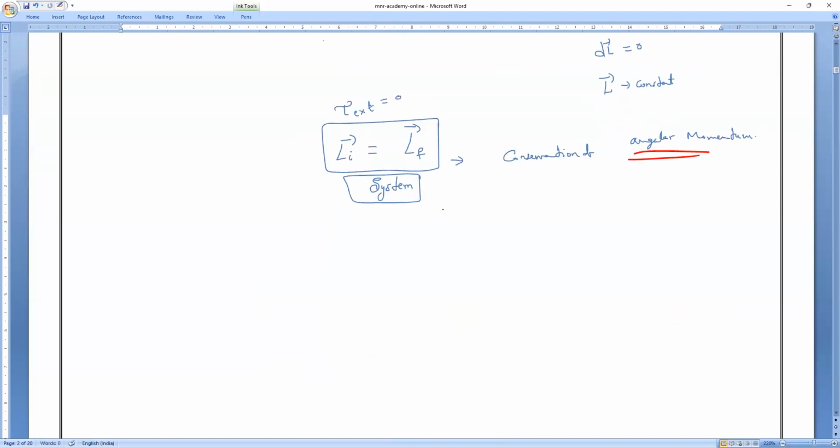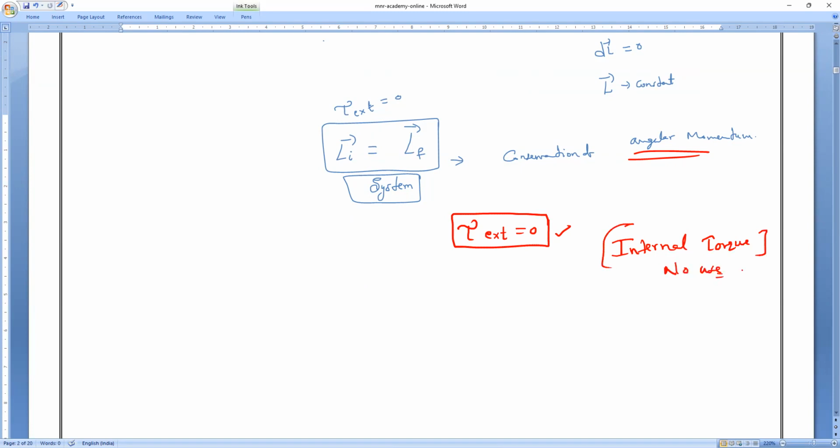So all of you remember, conservation of angular momentum happens when the external, applied torque becomes how much, everybody? Zero. Then the internal torque is of no use; there is no change in the angular momentum by the internal torque. Internal torque is no use for changing the angular momentum.